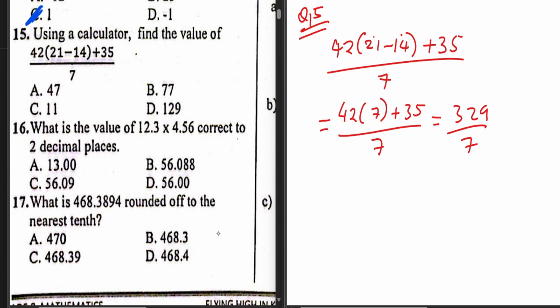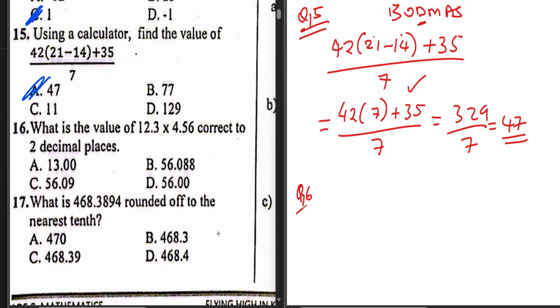So your final answer is 47. You start with the brackets, and then there's no division here. We go to multiplication, and then addition and subtraction. There's no subtraction, but there is division. Deal with the numerator first, and after getting the final answer for the numerator, then divide by 7.